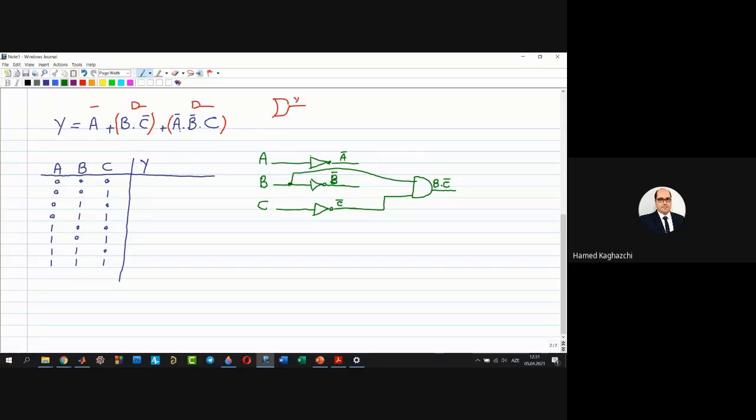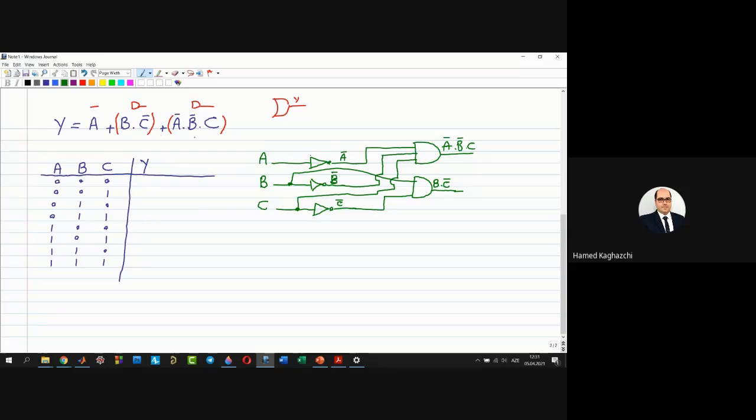The second AND, A bar, B bar, C. For example, if I draw it here, A bar, B bar, because here is B bar, C. C comes from here. And here I will have A bar, B bar C.